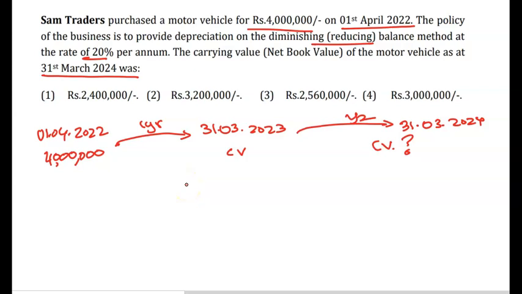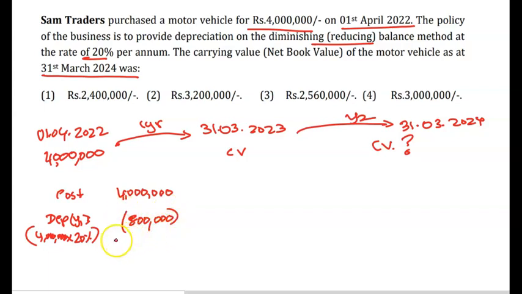To calculate this is very simple. Just take the cost, which is 4 million, and depreciation for year 1 would be 4 million into 20%, which will be 800,000.